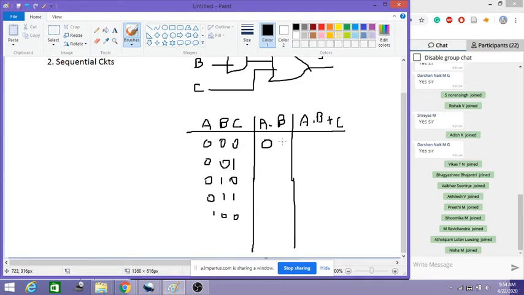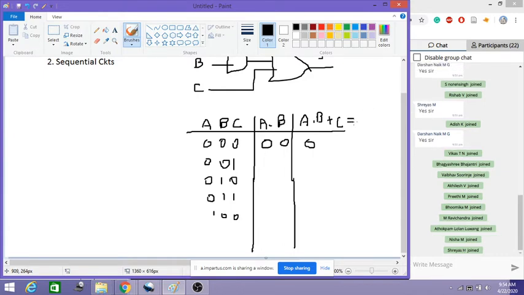Now, for example, 1 into 1 is 1, 0 into 0 is 0. Then plus with C, I'll get 0. Here is the final output, equal to F. Sorry, it's my mistake, it's not 0 0. We will get one output here because it is A into B. So here I'll get 0, but when I add C I'll get the output as 1.